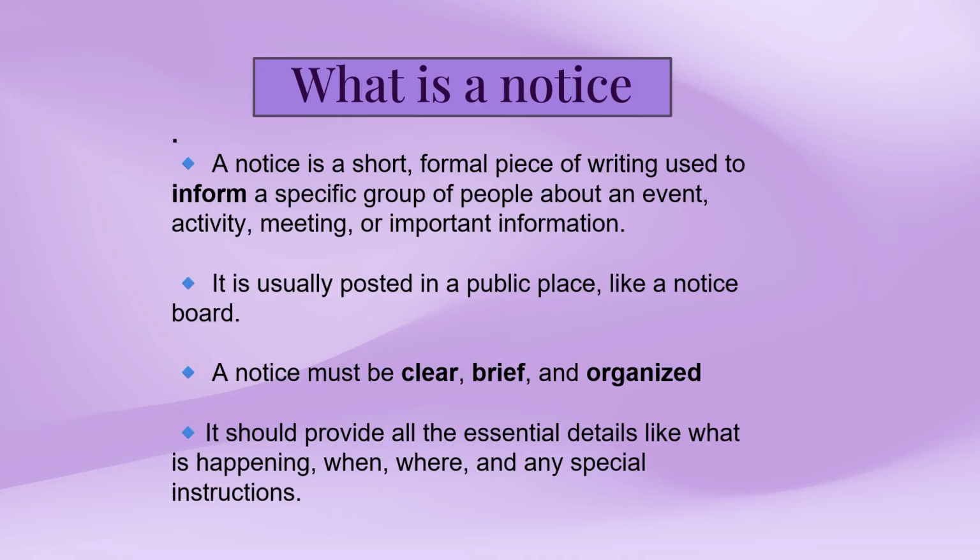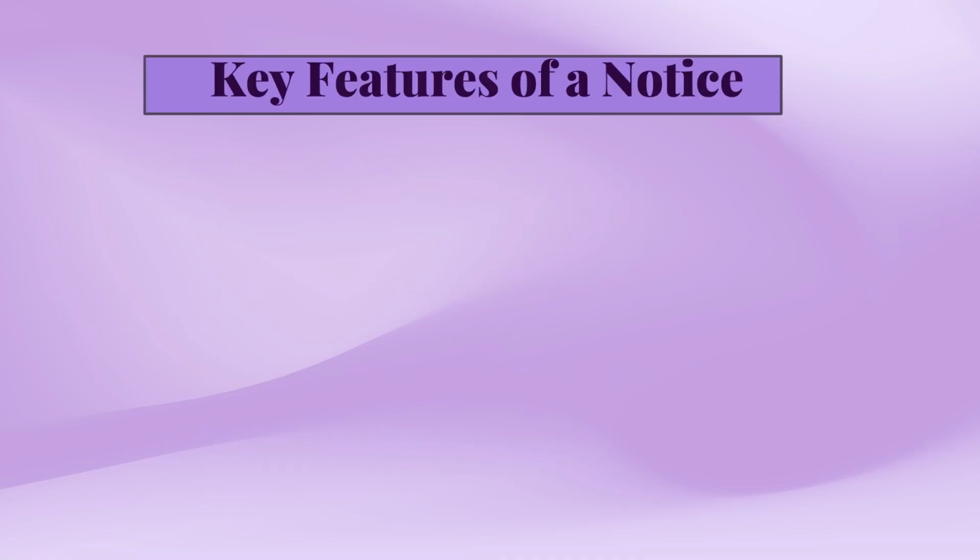A notice must be clear, it must be brief, and it must be organized, and it must provide all the essential details like what is happening, when, where, and any other special instructions. Here are some important points that you need to remember when writing a notice.